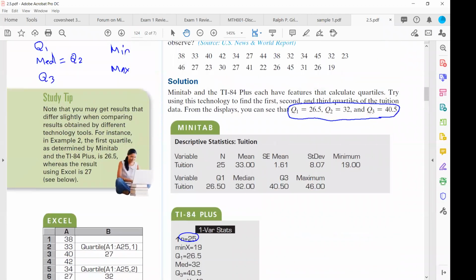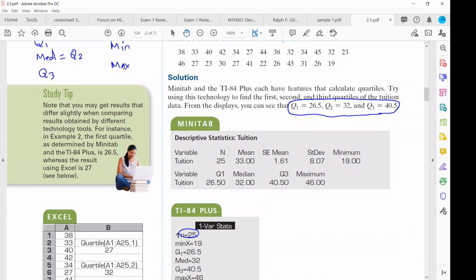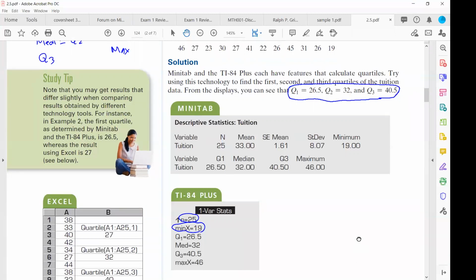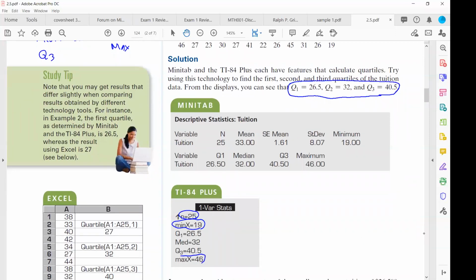If you count these numbers, 1, 2, 3, up to 25. Minimum value is 19. Maximum value is 46.